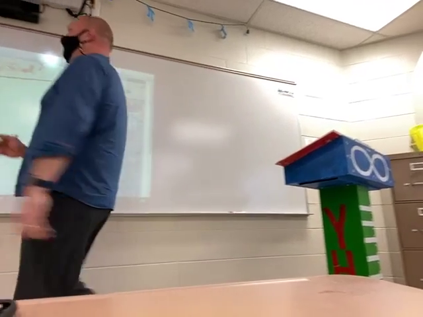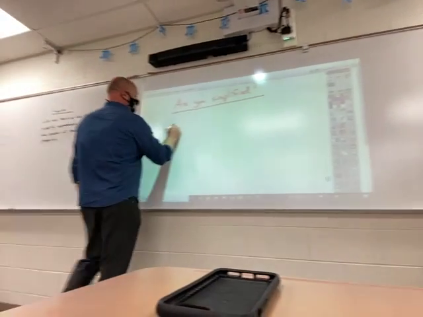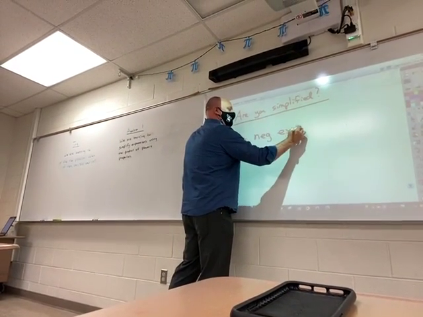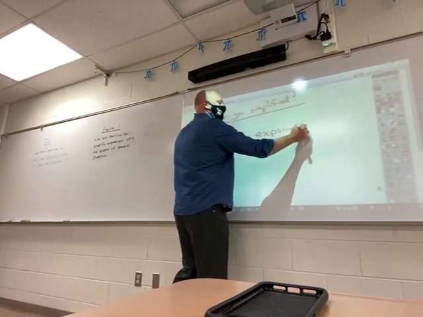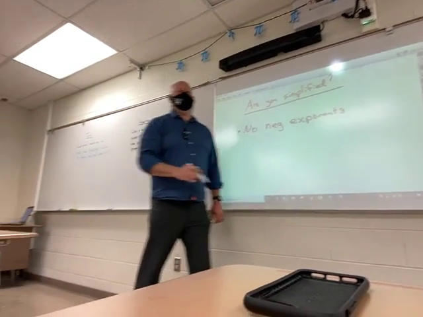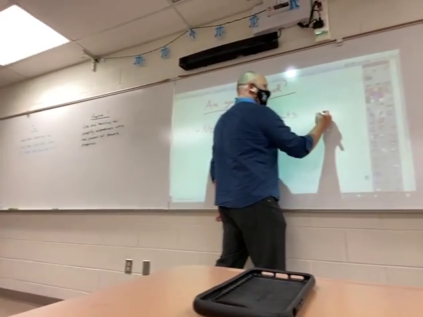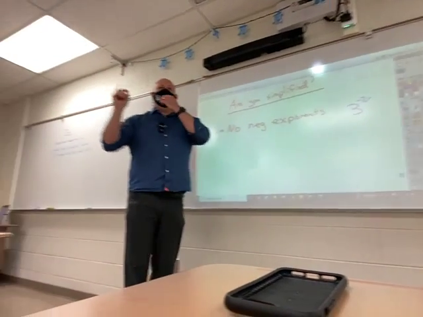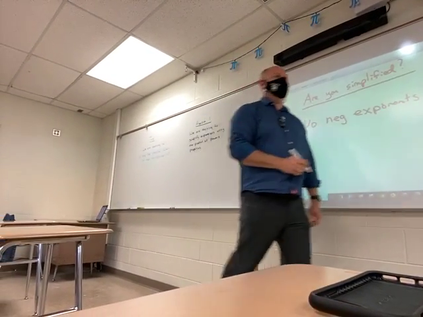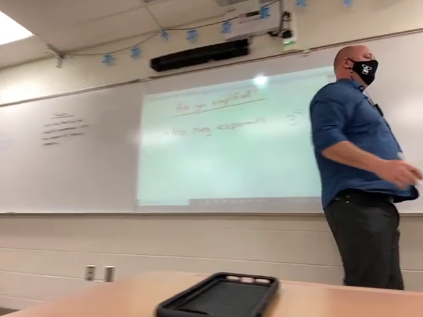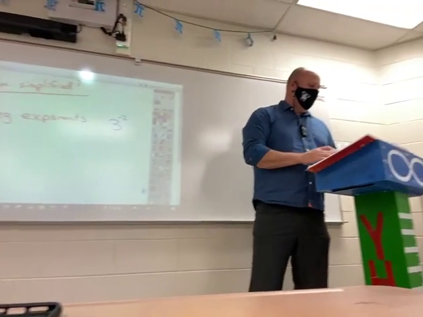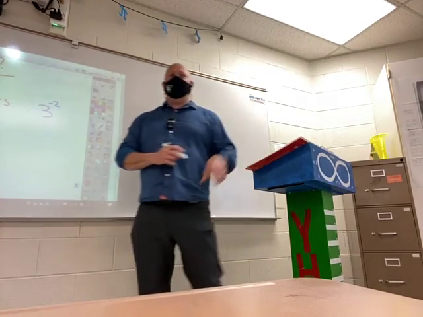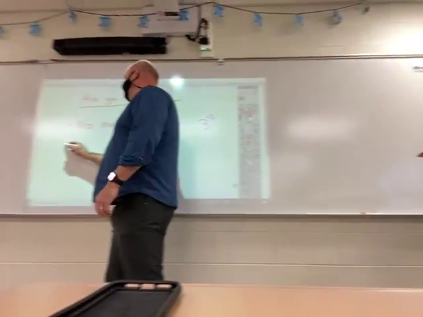What's the first thing that you have to avoid? No negative exponents. We are not allowed to have something like 3 to the negative 2 power. If you see a negative exponent, you're not done yet. Okay? What's the next little tab? The same base does not appear more than once in a product or a quotient.